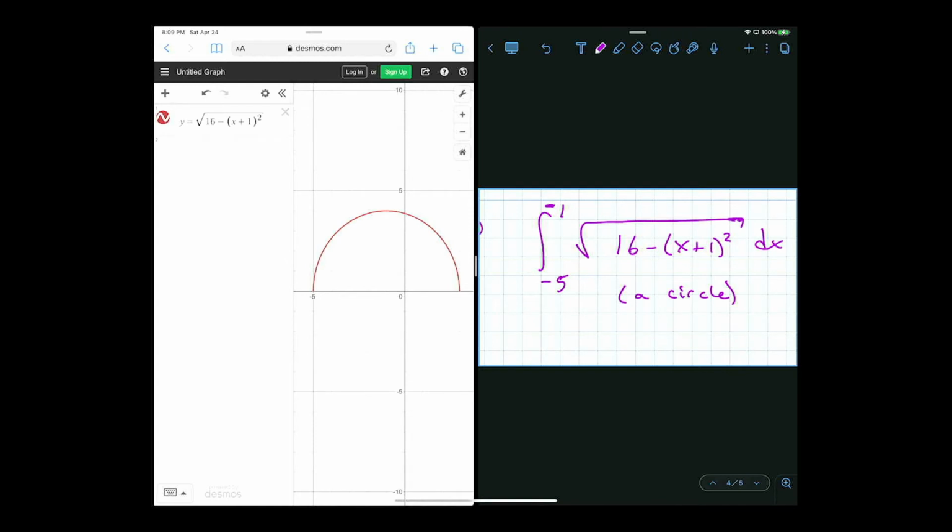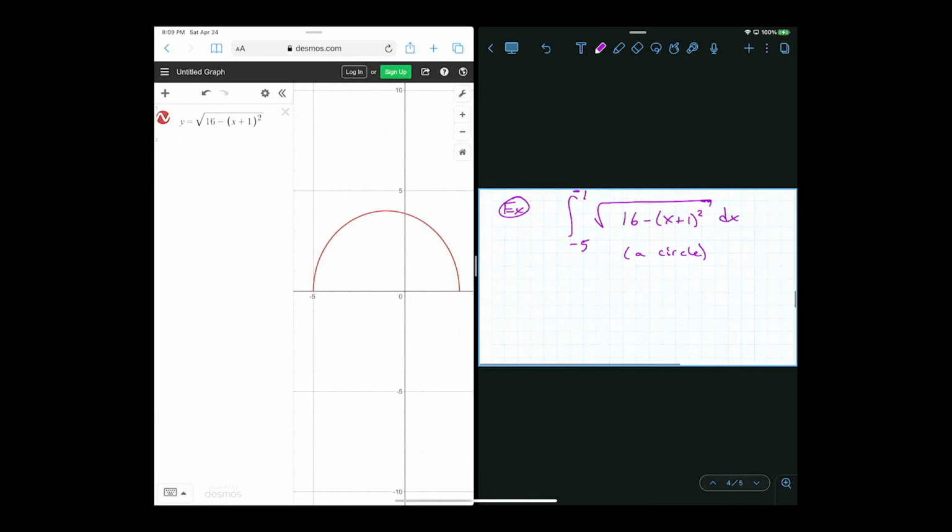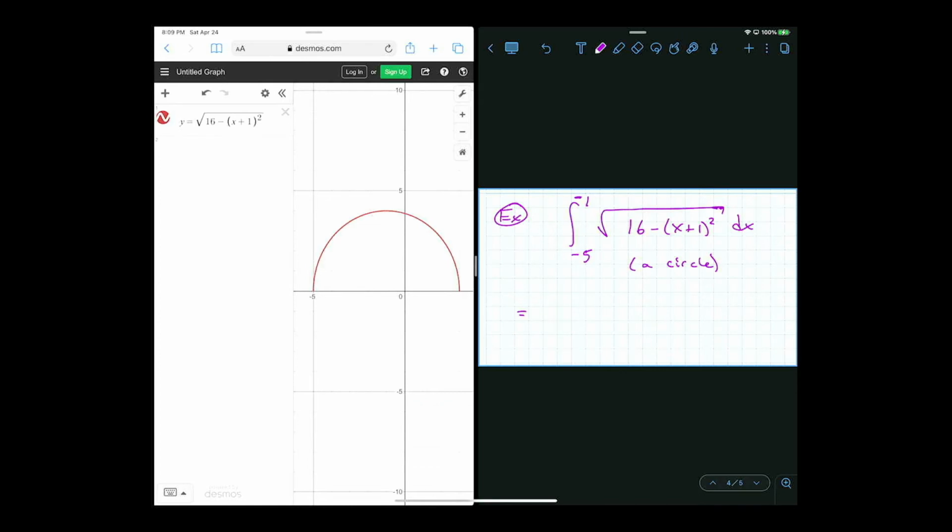-1 to, or sorry, -5 to -1. I thought it was going to be the whole half circle, but it's not. Look at the picture here. So if you're actually looking at the picture, the area, right? I'm dealing with negative numbers.